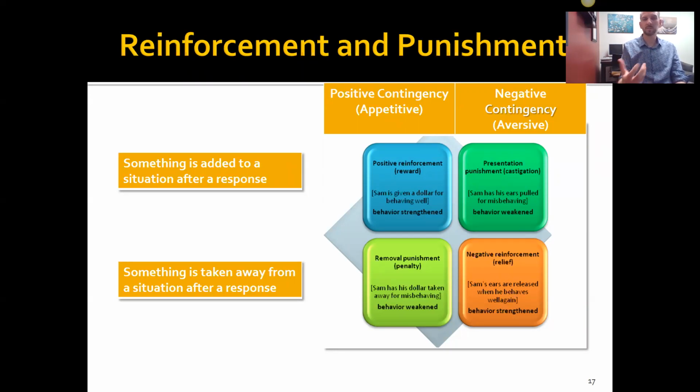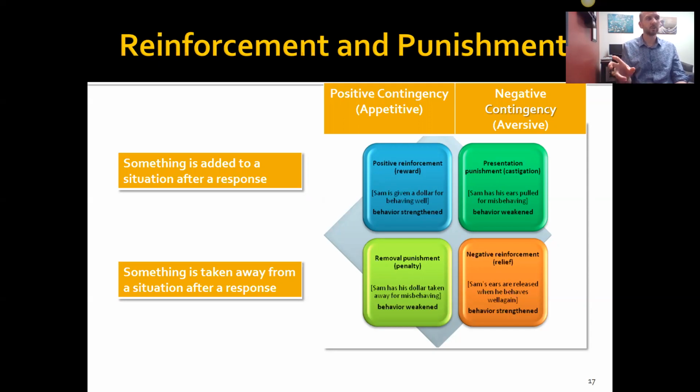Is it a positive contingency? Is it something that is pleasurable and enjoyable? Okay, so if you add in that first square a positive contingency, an appetitive contingency, that's positive reinforcement. If you give a dollar for behaving well, you're going to strengthen the behavior.